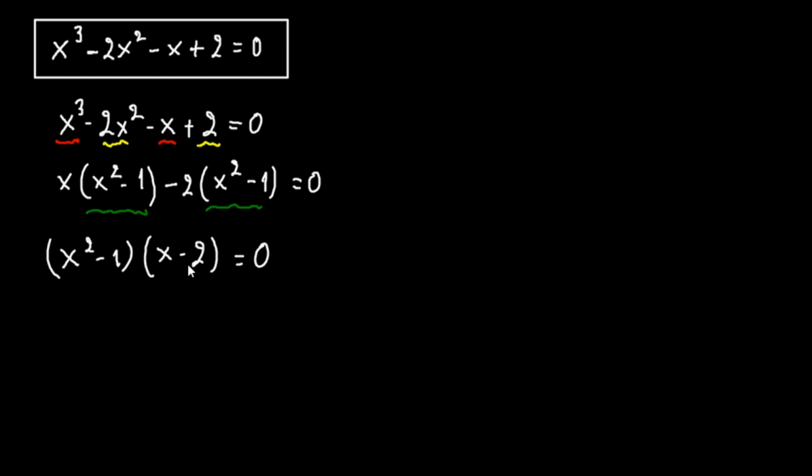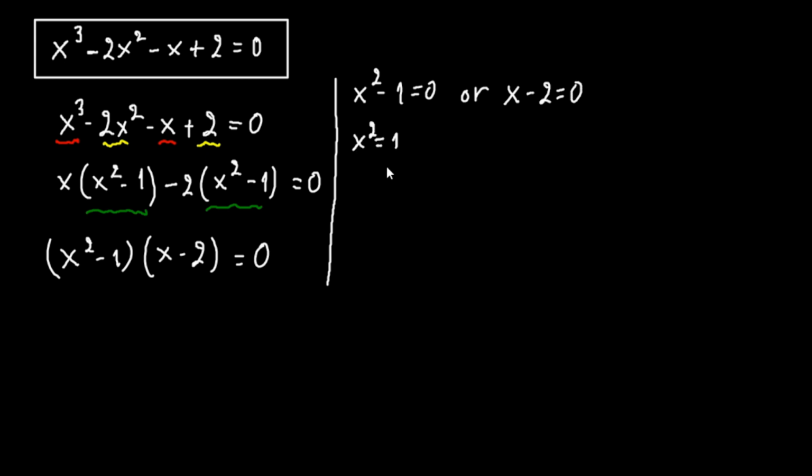So here, when we examine our solutions, we have from the first one that x to the second minus 1 equals to 0, or from the second x minus 2 equals to 0. From the first one we have x to the second equals to 1, or take both sides square root.